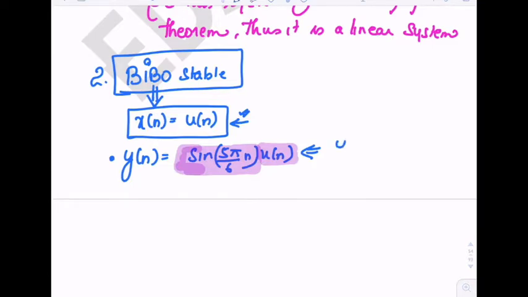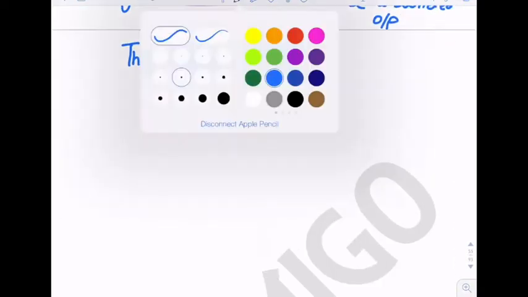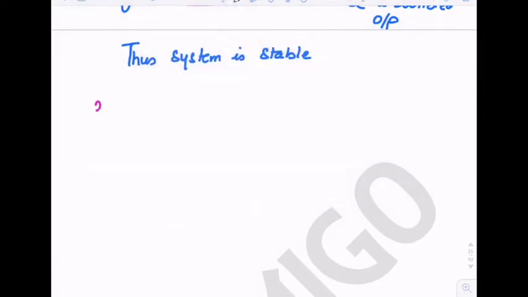So we can say that y[n] will always be a bounded output. Okay, so for bounded input we are getting the bounded output, and thus the system is stable.